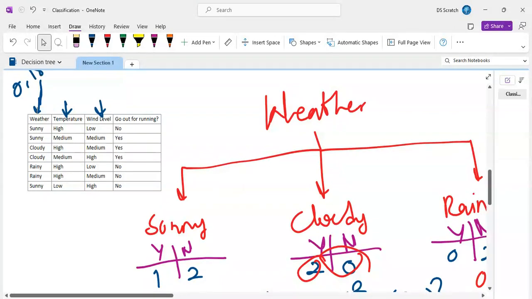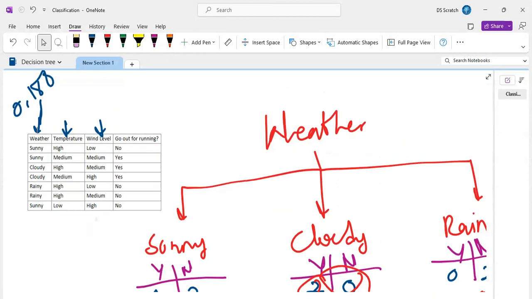For the temperature, we can divide this into high, medium, and low. We will see how many people will go out if it is high temperature, then for the low temperature and for the medium temperature, again we will calculate the Gini impurity for each of them. Then after that we will calculate the total Gini impurity for temperature and for the wind level.